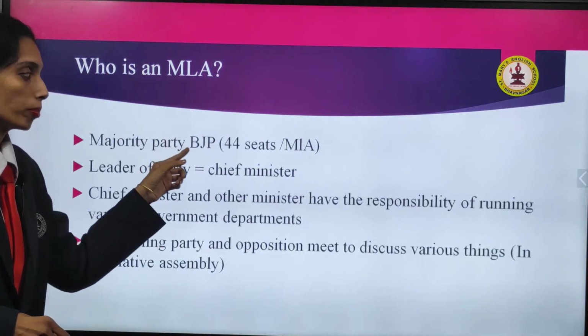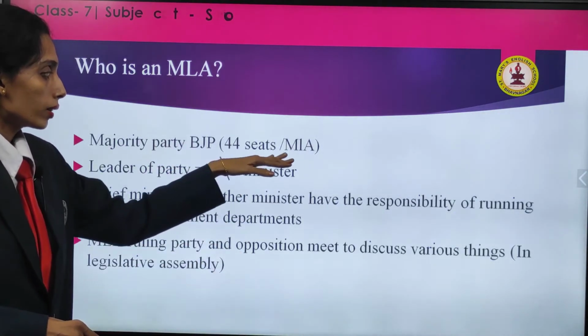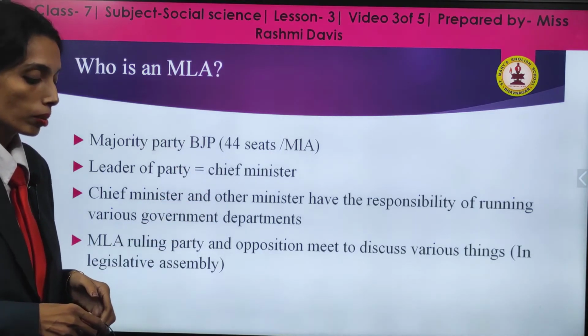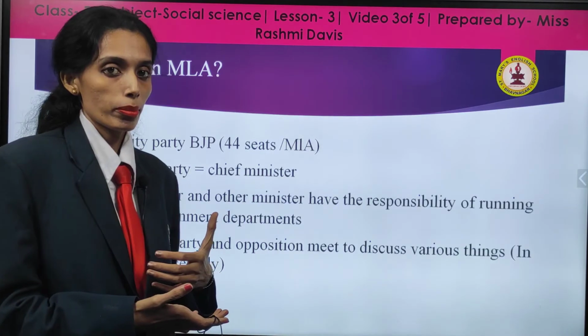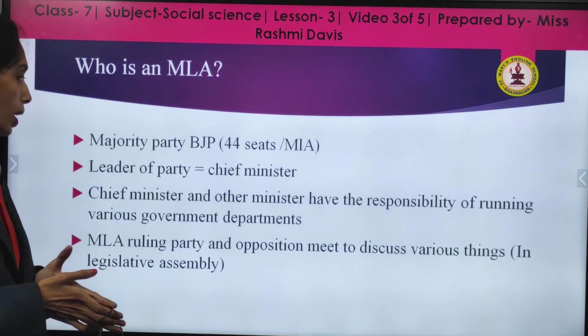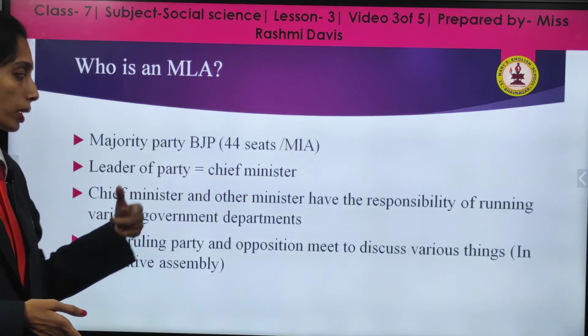With 44 seats, BJP is the majority party, and from their group one person becomes the chief minister. So they will form the ruling party. The leader of the party becomes the chief minister.